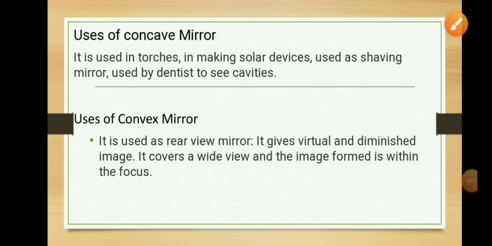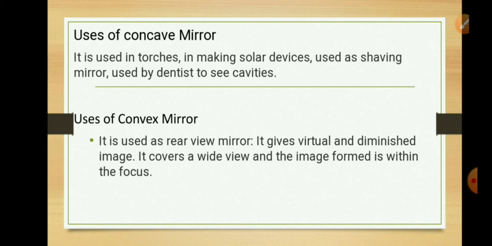Now we will talk about uses of concave mirror and convex mirror. First of all, uses of concave mirror. Concave mirrors are used as reflectors in torches, searchlights, and headlights of vehicles, as the light source is kept at the focus of the mirror, and on reflection it produces a powerful beam of light that converges at infinity.